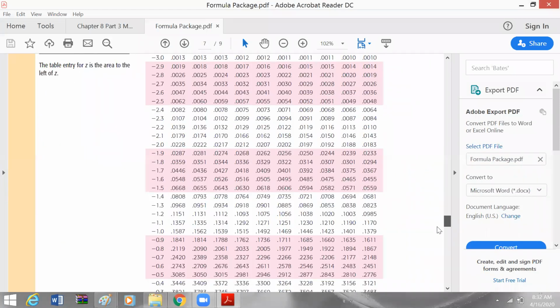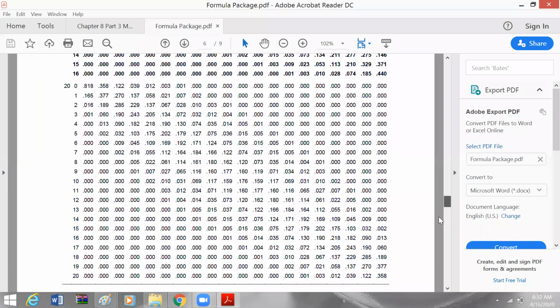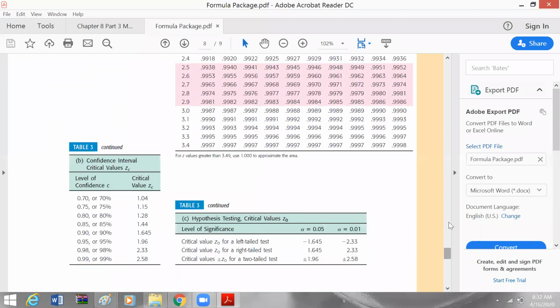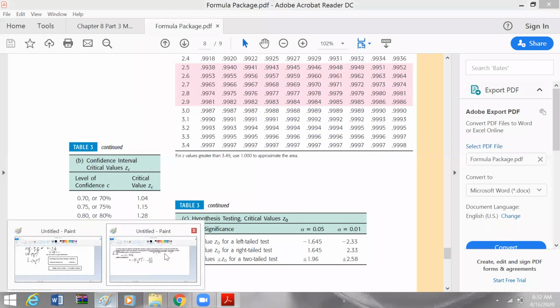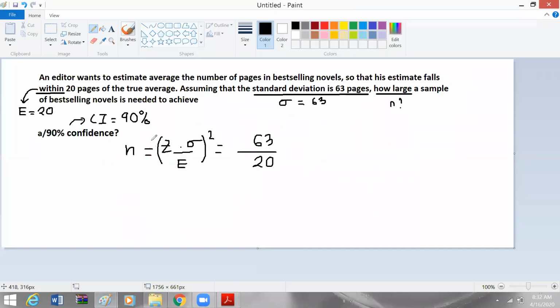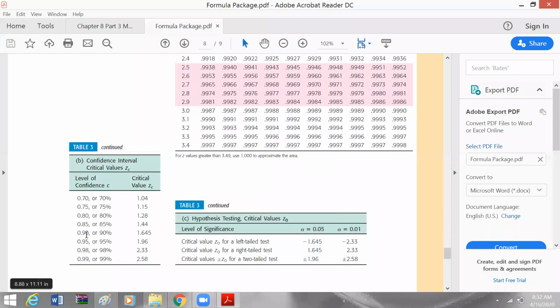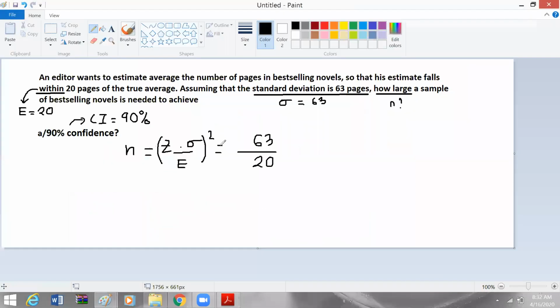Whenever we come to the z-score, we have to go to table 3b right there. For part A, we have to look at the 90% confidence interval. The 90% confidence is literally 1.645, right? So we're going to take the Z of 90%, which is 1.645, and utilize that to solve this question.